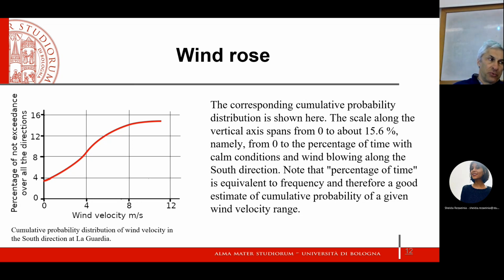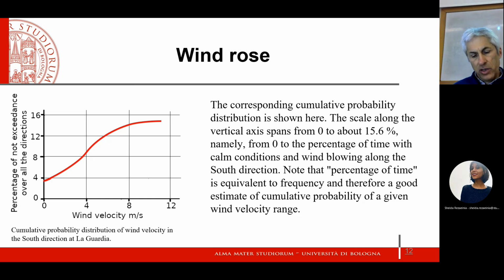Of course, we have to know the time step of the observations. One thing is if you have one observation per year, and another thing is if you have one observation per hour. So the unit of time is to be considered, because the probability distribution allows you to estimate the frequency of extreme events.